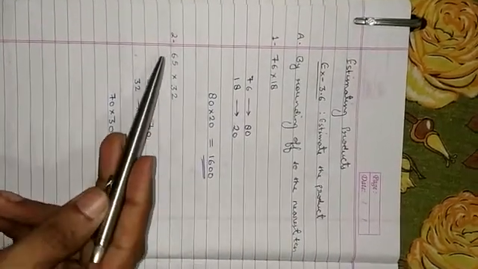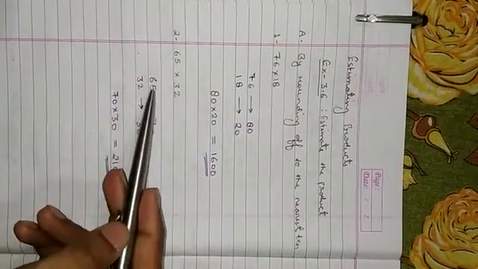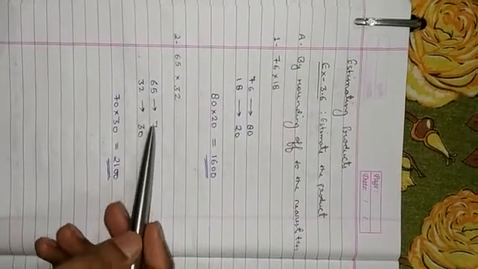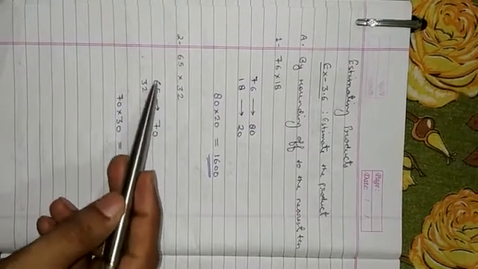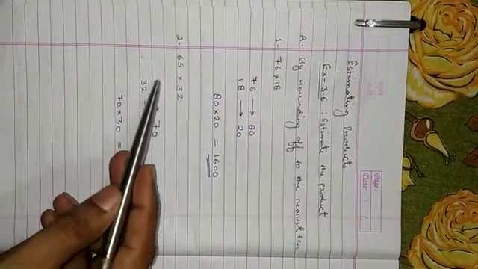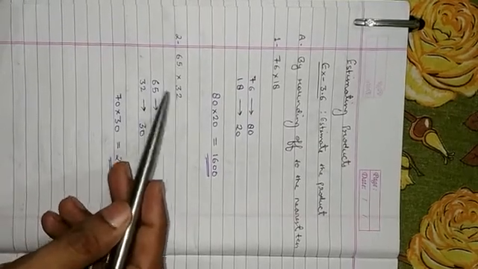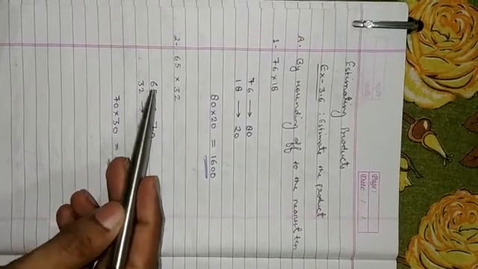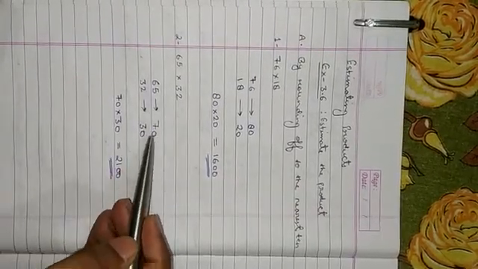Now in question number 2, 65 into 32. Here in 65 the ones digit is 5, so we will round off this number to the greater value. There are two options to round off this number, 60 or 70. But the ones digit is 5, so we have to round off this number to 70.